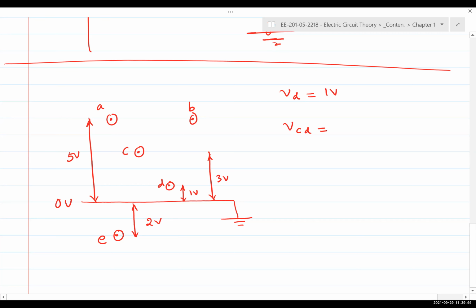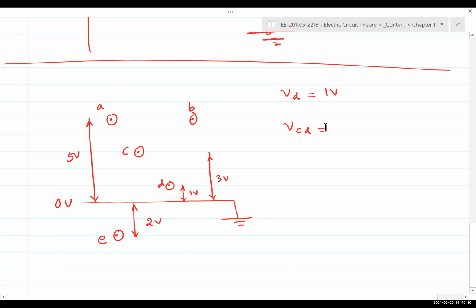How about VCD? Two subscript notation. The first subscript is the point of measurement. The second is the point of reference. So VCD is voltage at C measured with reference to D. So it's VC minus VD.